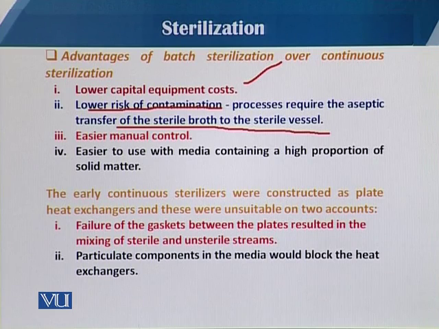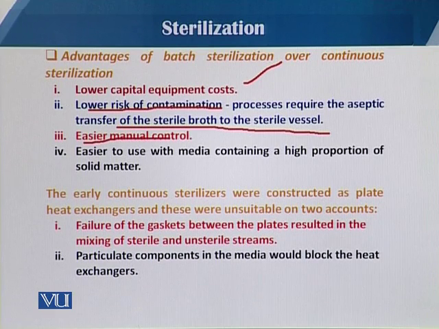So even if our sterilization process is very good, if there is any leakage in those lines, then there is more risk. So in batch the risk is less than continuous, and it is also easier to handle.